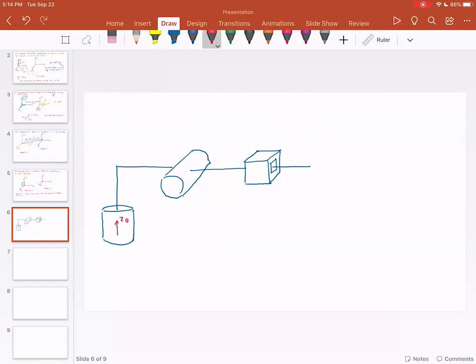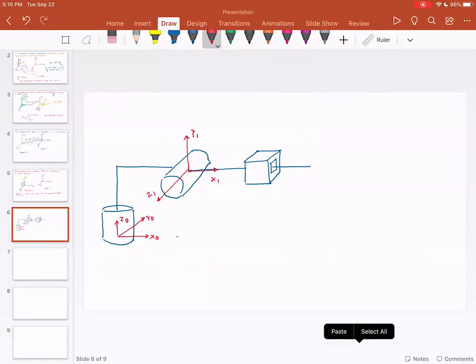So Z naught, X naught, Y naught, Z1, X1, Y1.